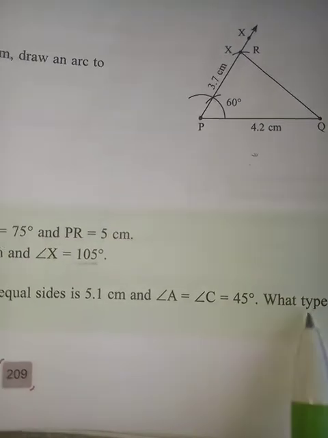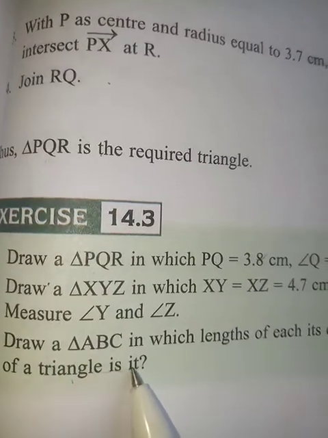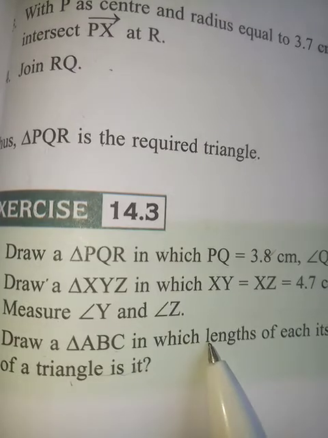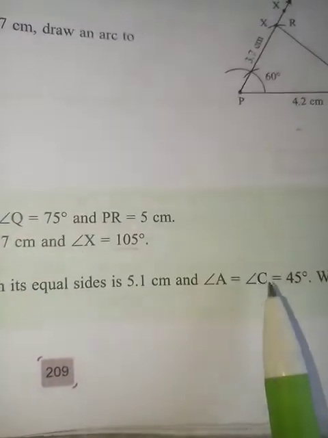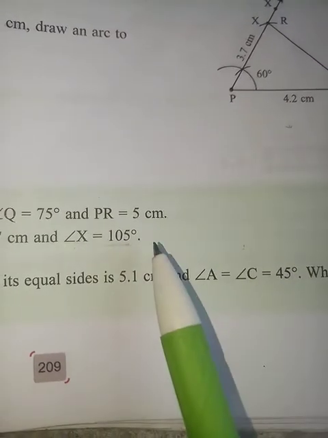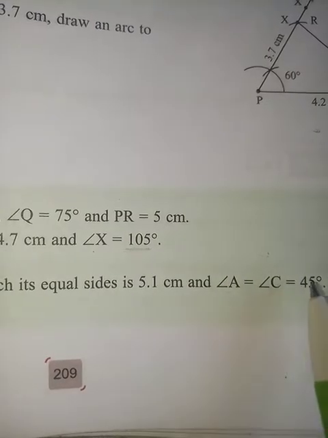Okay, what type of triangle is it? You also need to tell what type of triangle has been made. Here you need to mainly focus on the construction of the 45 degree angle. I am going to tell you the construction of 105 degrees as well as the construction of 45 degrees. Clear?